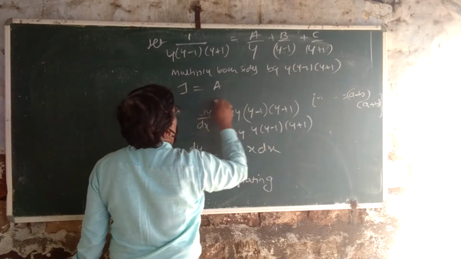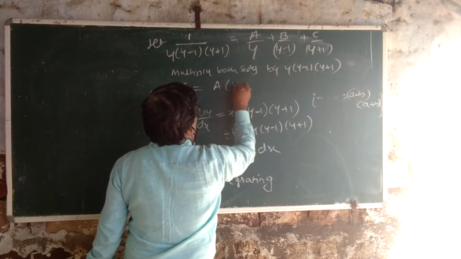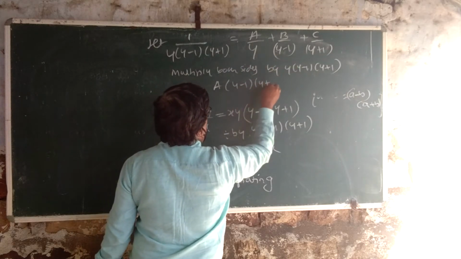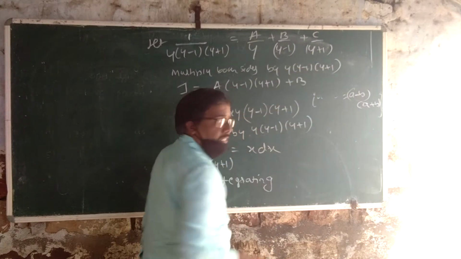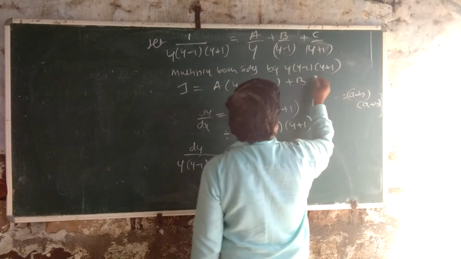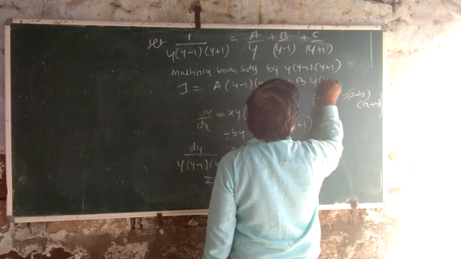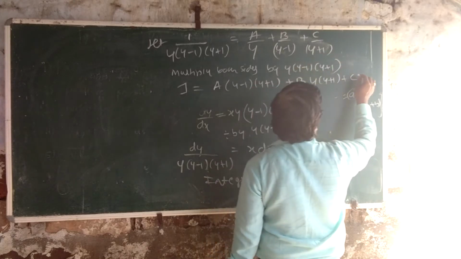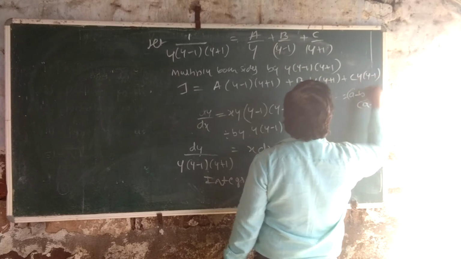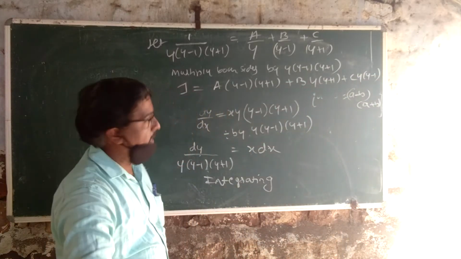On the right, a into y gets cancelled, only y minus 1 into y plus 1 is left; b into y minus 1 gets cancelled, leaving y into y plus 1; and c into y plus 1 gets cancelled, leaving y into y minus 1.